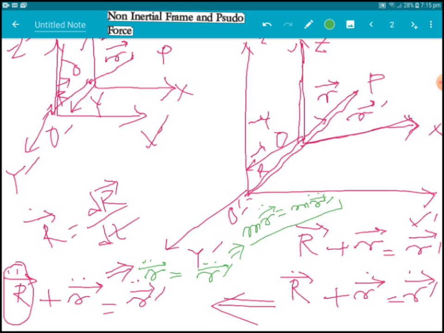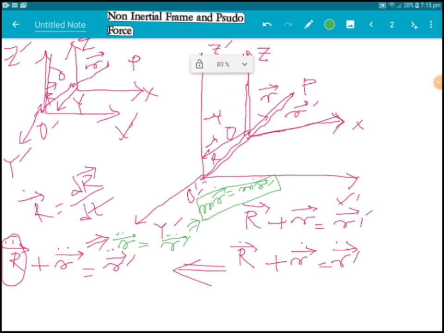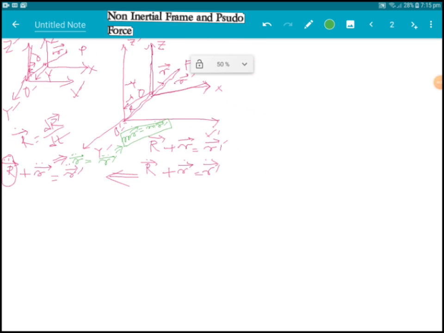So Newton's second law holds good for the inertial frame. But in case of a non-inertial frame, R double dot exists since it is an accelerated frame with respect to the fixed one. So R double dot plus r double dot is equal to r dash double dot.